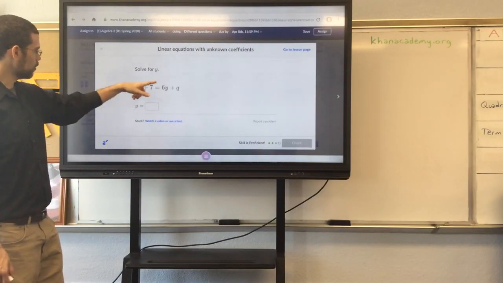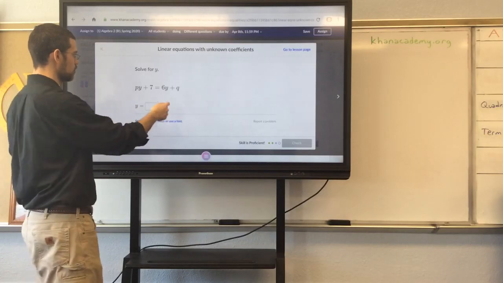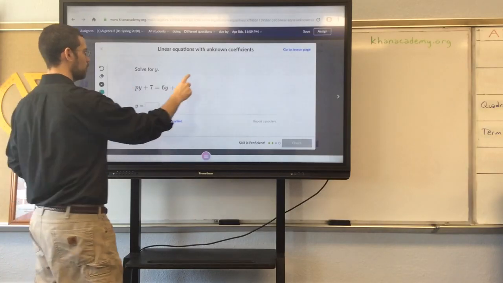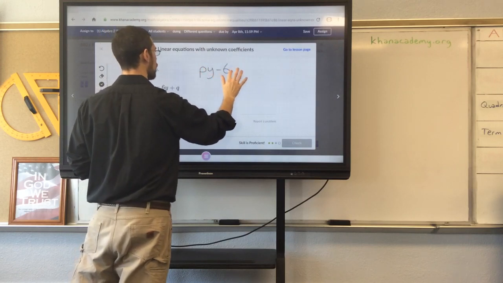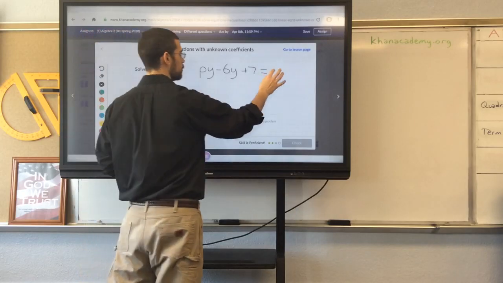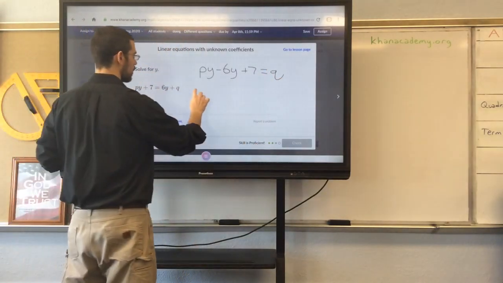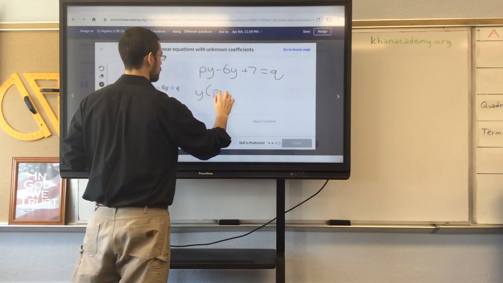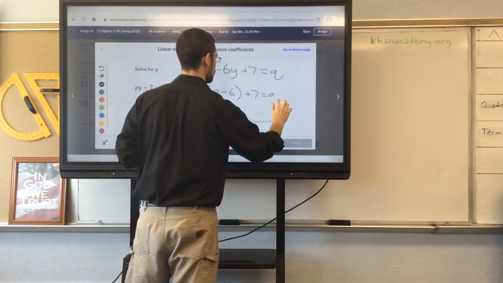We're going to solve this one for y. So we want all the y's on the left side of the equation. So we'll subtract 6y from both sides. That gives me py minus 6y plus 7 equals q. I'm going to factor out y. That's y times p minus 6 plus 7 equals q.